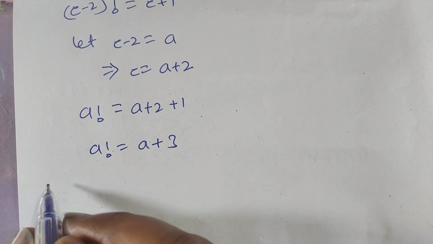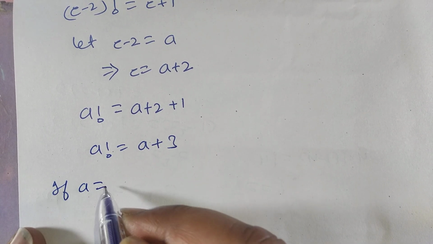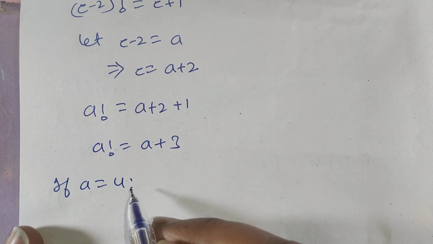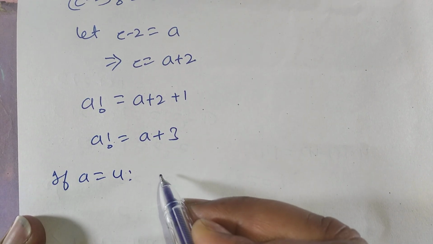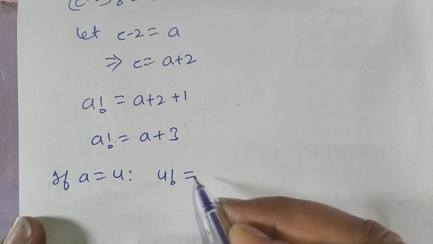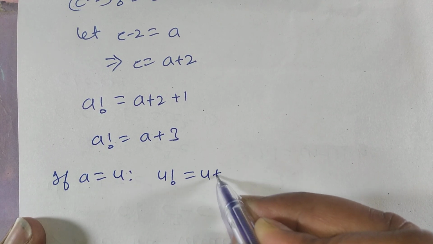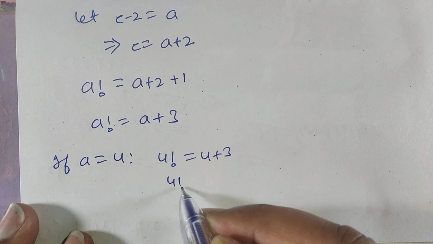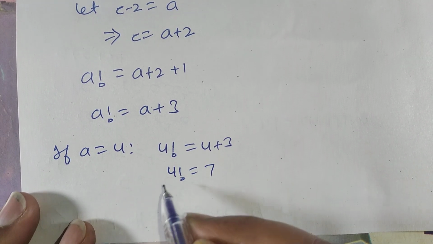If a is equal to 4, then putting this value here, factorial 4 is equal to 4 plus 3, so factorial 4 is equal to 7.